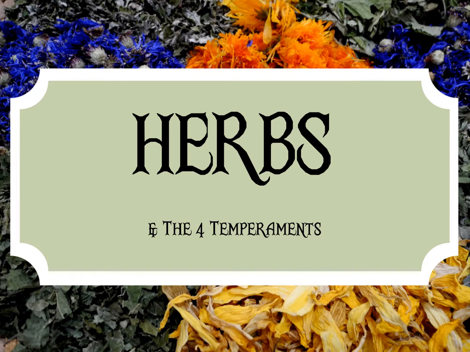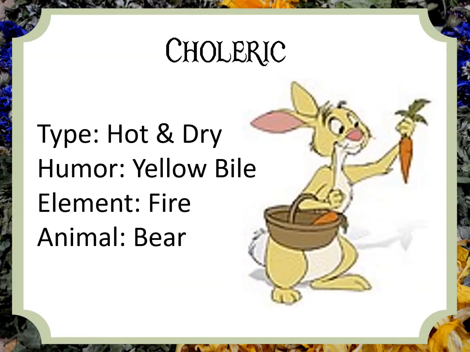All right. So hopefully you've had a chance to watch that video on the 4 temperaments now. And now we're going to talk about how those apply to herbs. So one of the temperaments that you heard was a choleric temperament. And this is considered as hot and dry. They mentioned a little bit about how the humors were associated with these. We don't so much use the humors anymore, but in case that's of interest to you, it was associated with yellow bile.